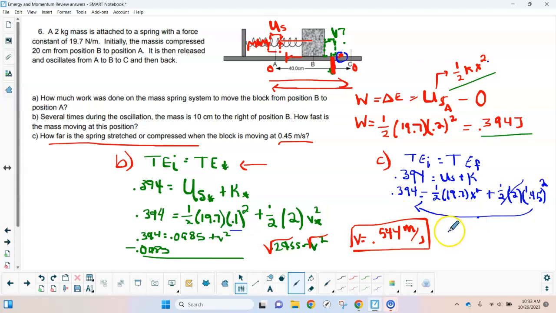So you get 0.1915 as the energy. That is equal to 1/2 times 19.7, which is 9.85, and then it's X squared.